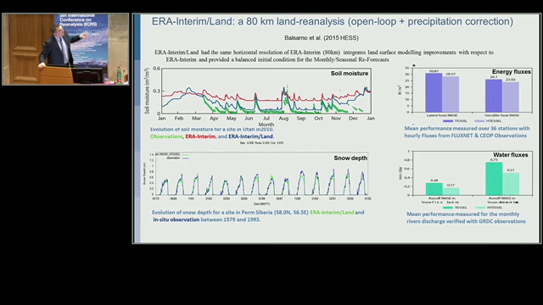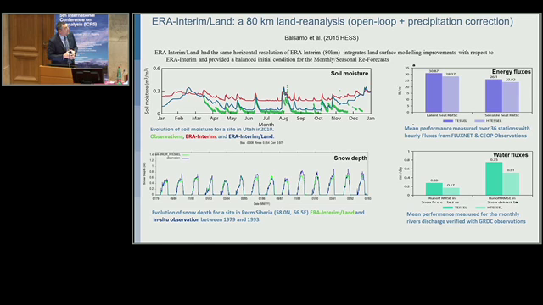And here an example of validation of energy fluxes and water fluxes. Why did I choose these 4 plots? Because you have some evaluation of the water flux, water reservoir, so the soil moisture and snow depth, and some of the energy fluxes. So once you have a greater match to observation in the water storage and the water fluxes, you can think of a better constraint of the water cycle at the surface.